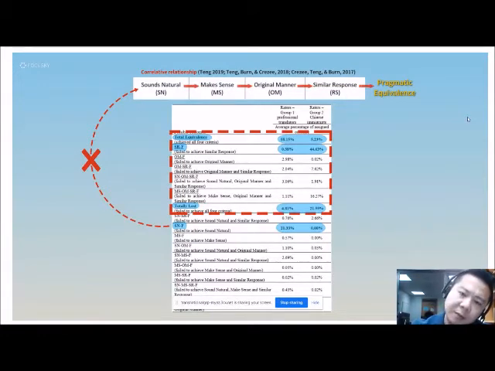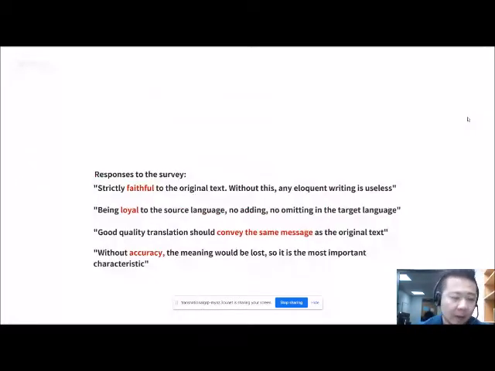So I decided to look at the passages assigned with total equivalence SRF and SNF. And I also asked the translators to participate in an online survey, and here are some of their responses.